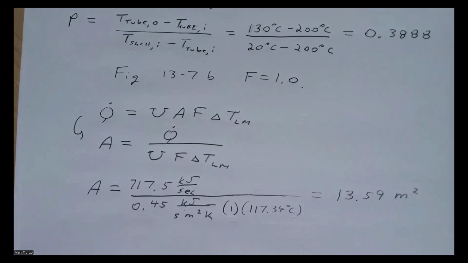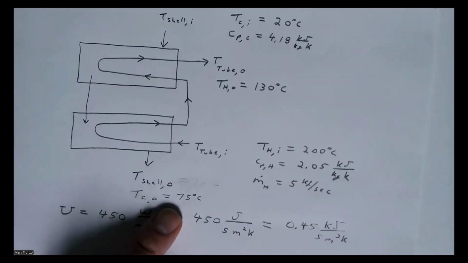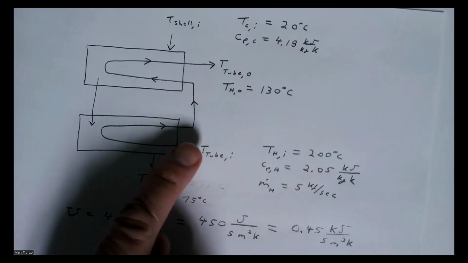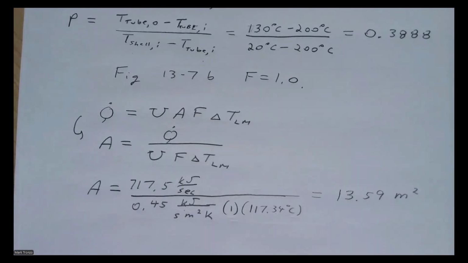And what we want to achieve is those temperature differences. We want to be able to put in water at 20 degrees C, exit at 75 degrees C. The processed fluid, we want to go in at 200 and exit at 130. And we're going to need that much surface area in our heat exchanger tubes.